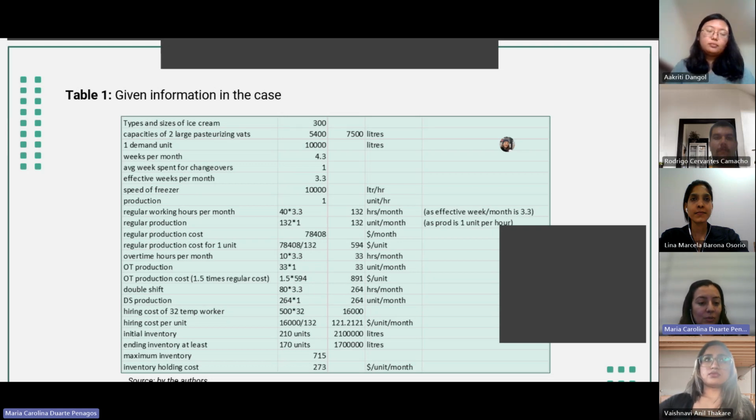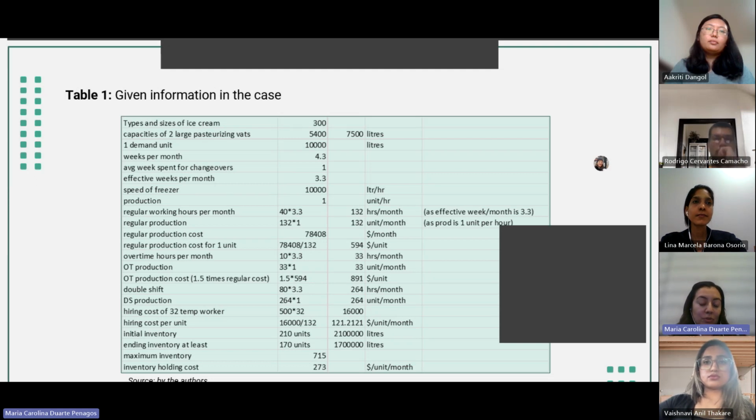Also, we have regular working hours of only 40 hours, which we multiply by the effective weeks per month, 3.3. That is going to be 132 hours per month. Also, we multiply the regular production by this 132 hours per month at one unit per hour, so that is 132 units.